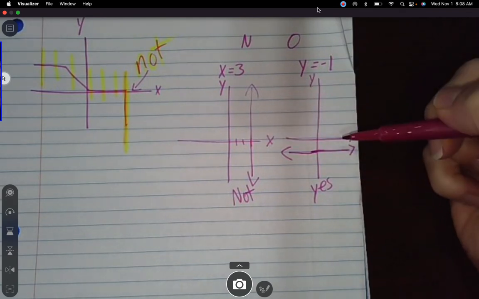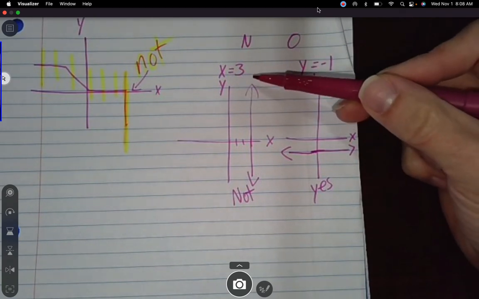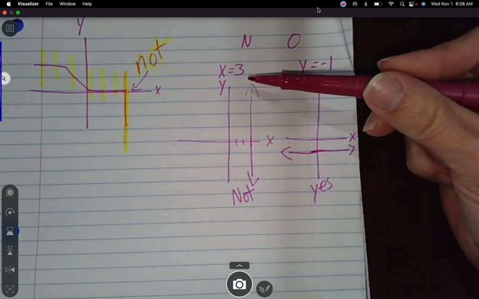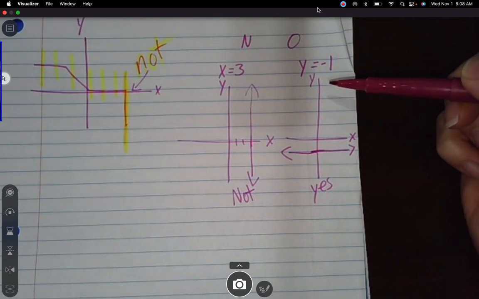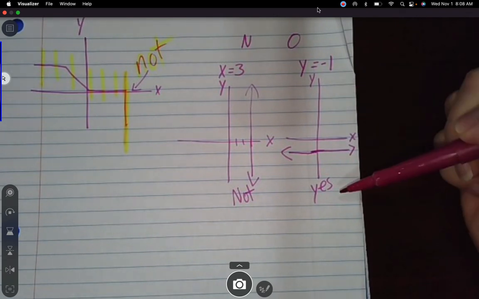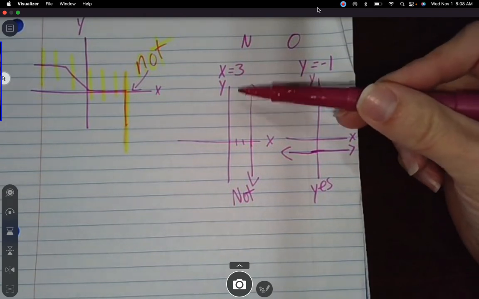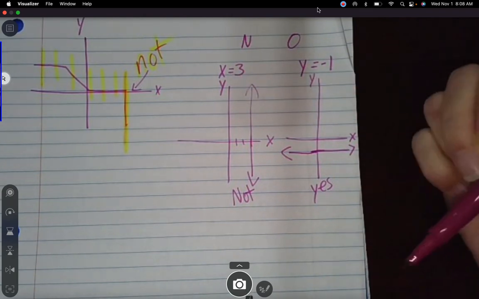Do y'all understand this? So it's going to say something like x equals 2. Is x equals 2 a function? No. Y equals 4, is that a function? Yes. So if it says x equals a number, it is not a function, and if it says y equals a number, it is a function, no matter what number I give you.